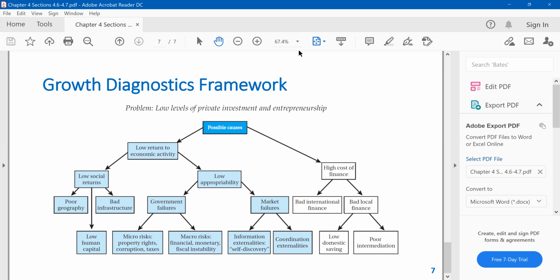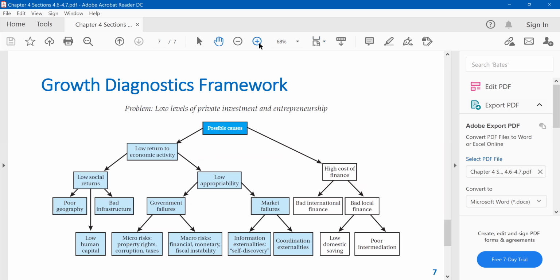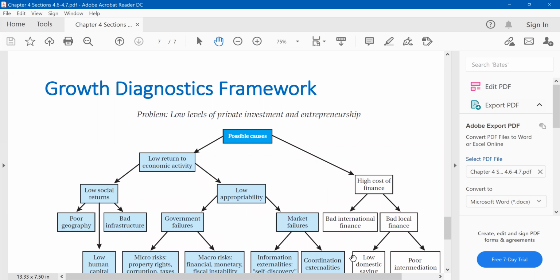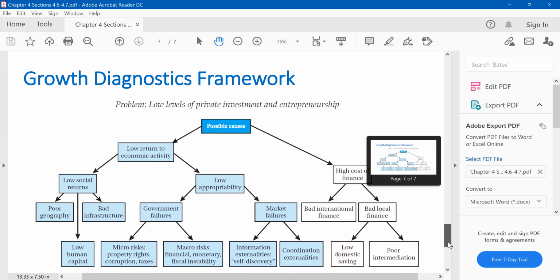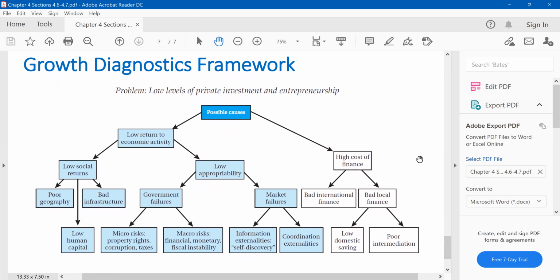So then you think about possible causes. You think about, all right, why is that, right? Why would it be the case? Then you have this nice decision tree, right? So one type of cause is, of course, low returns, right?